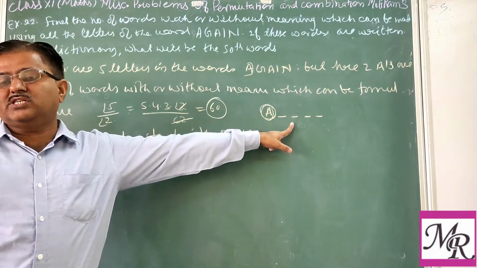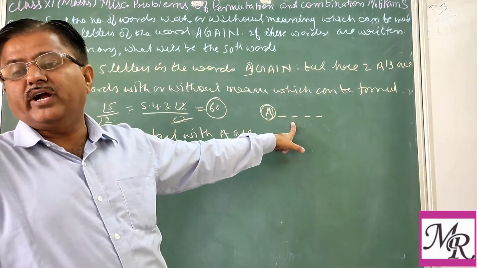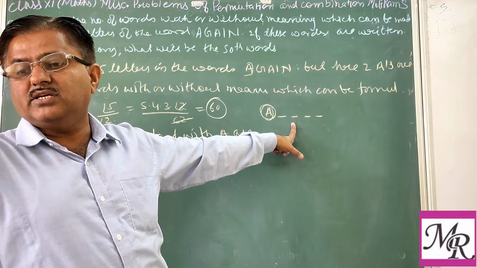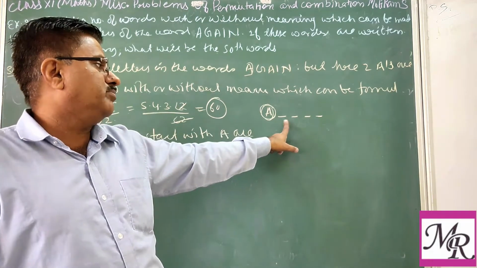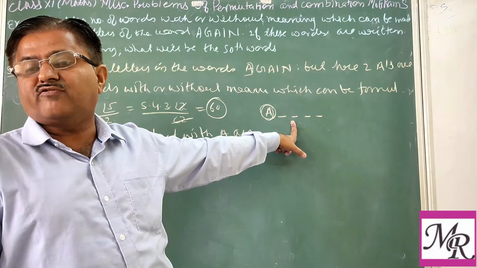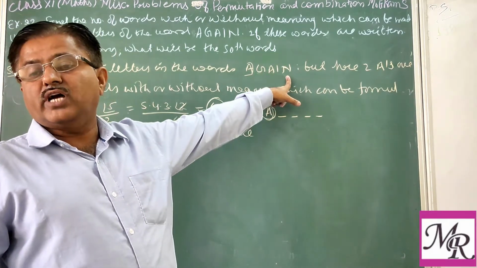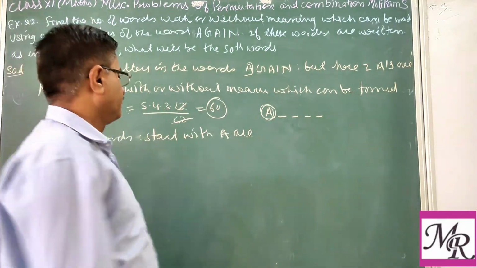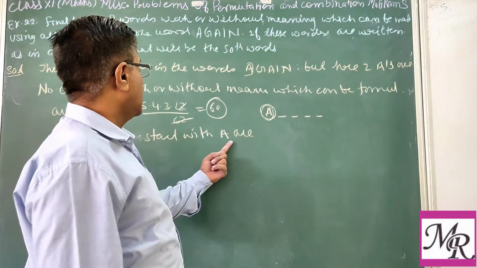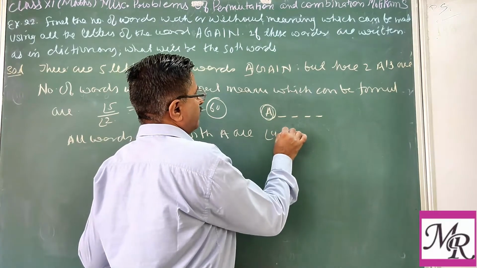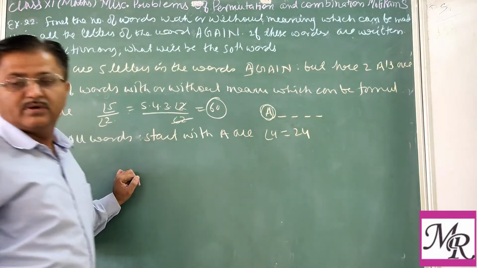So 4 positions are there and 4 letters are there. So we have already seen the permutation. How many permutations can be formed with 4 objects, and all are different? That is factorial 4. So all words starting with A are factorial 4, which is 24.